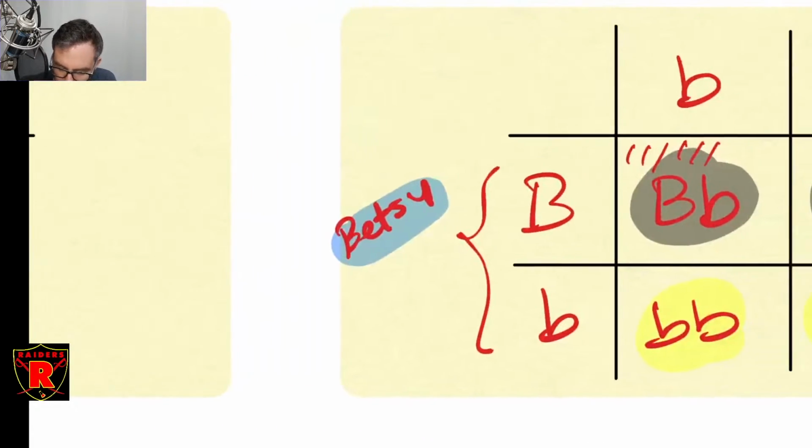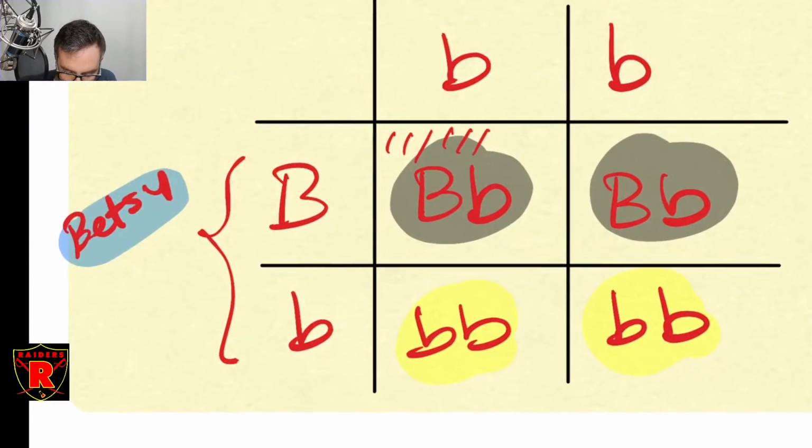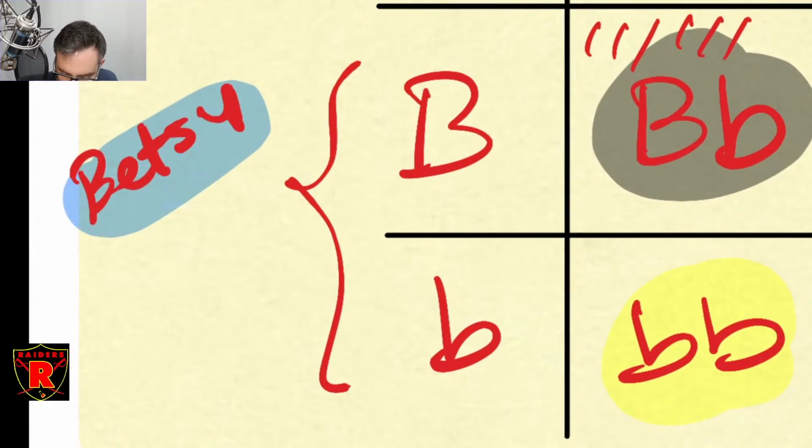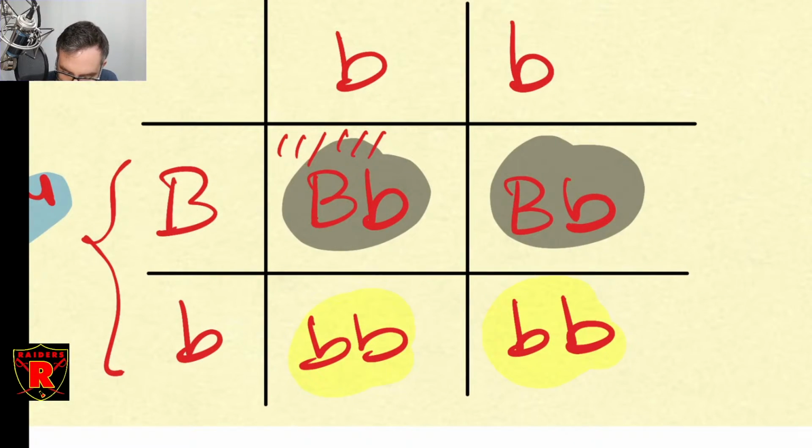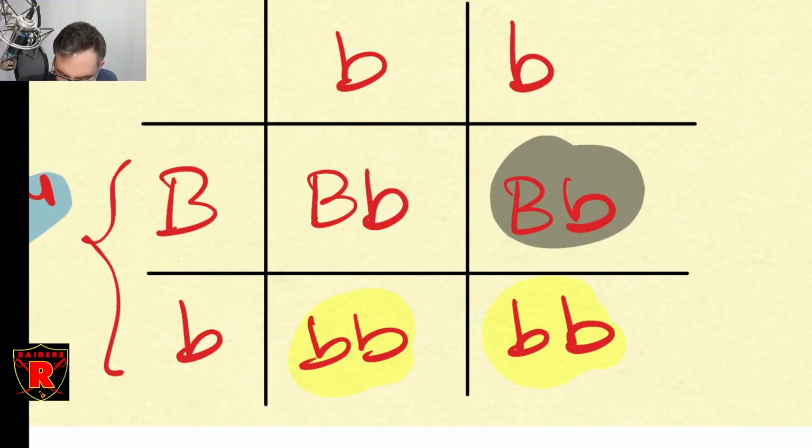However, let's look at the other scenario. If your dog is a heterozygote, like this dog here, big B, little b, then what you get is this.